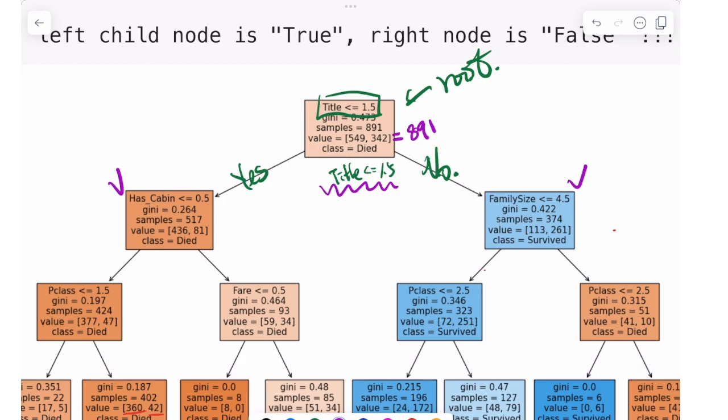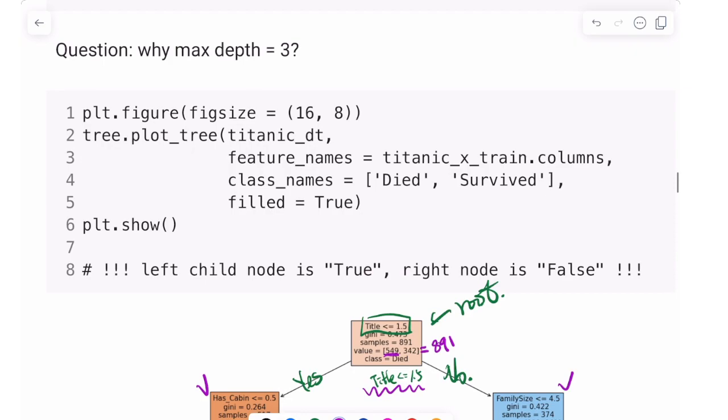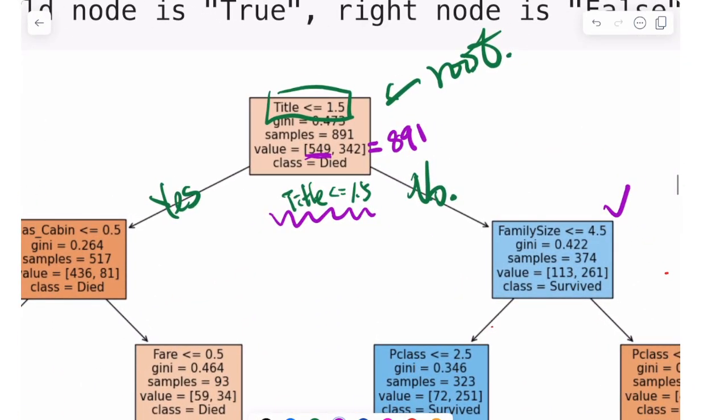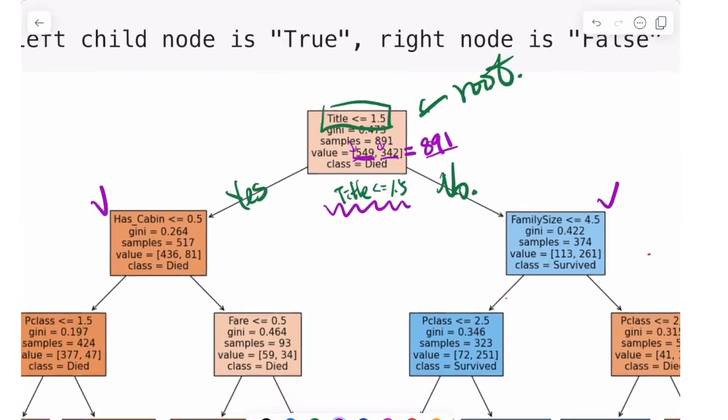Originally, there were 549 passengers who died in that accident, and 342 survived. That is the number of dead and survived. So the total number is 891.